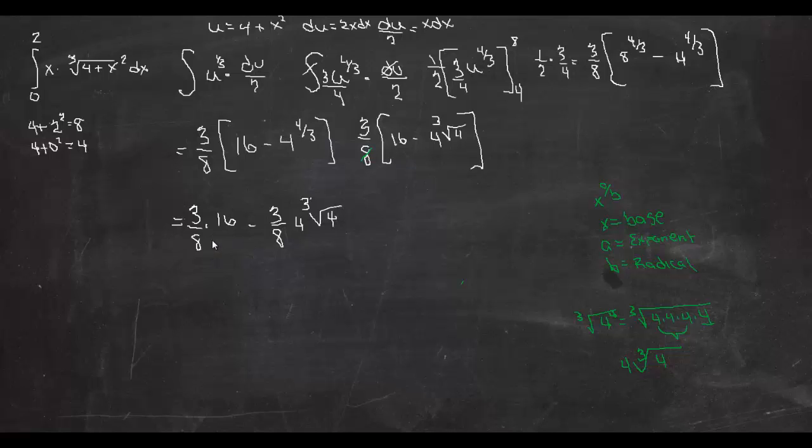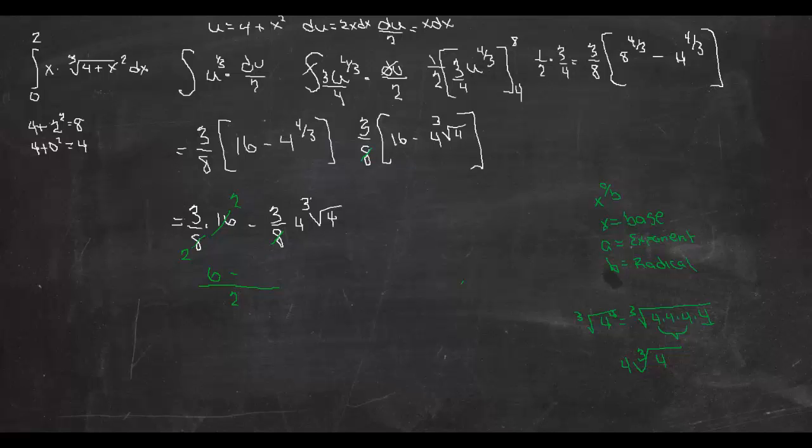Okay, so now we'll do a little simplification here. 8 going to 16, 2 times, and then 3 times 2 is 6. And then we're left with a 2 on the bottom, minus, hold up, we made a mistake here. Let's go ahead, and that 2 is supposed to come from the 8.